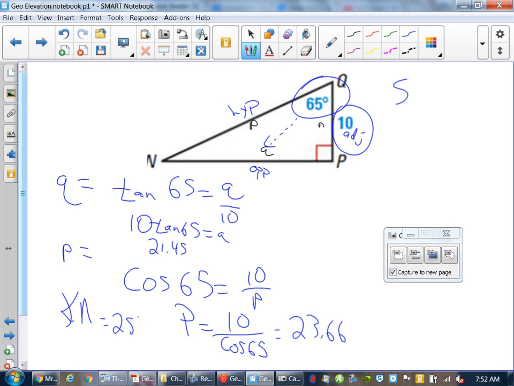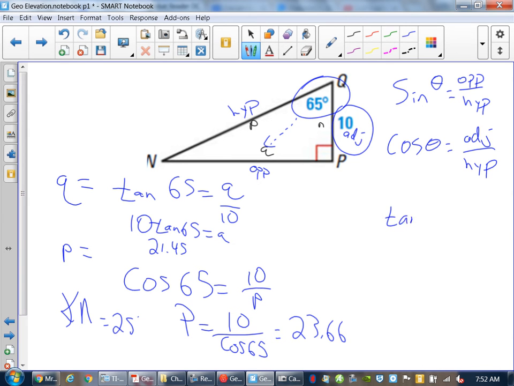So remember, when we're going through this, sine is opposite over hypotenuse. Cosine is the adjacent over hypotenuse. Tangent is your opposite over adjacent.